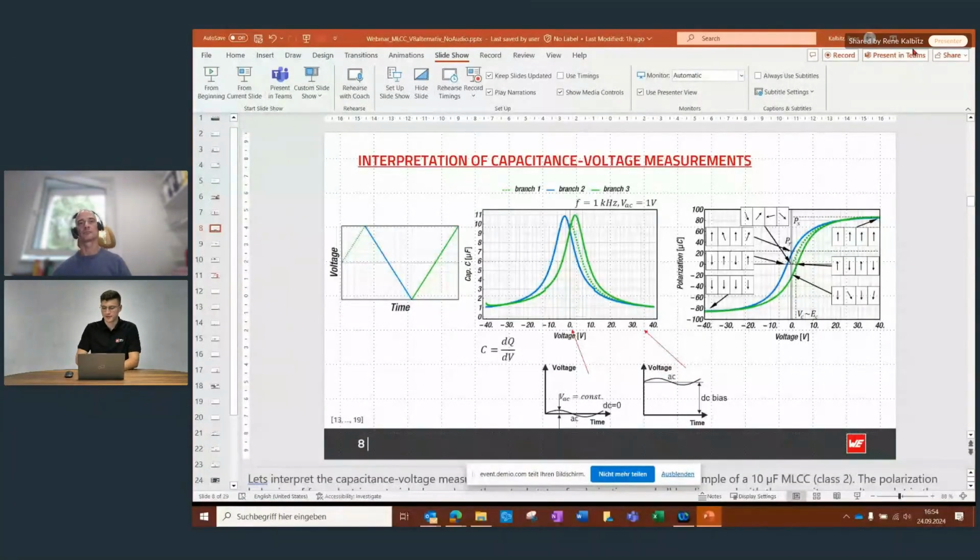What are the effects of temperature on the capacitance values? Well, as I said, the polarization will be destroyed as you increase the temperature above the Curie temperature.